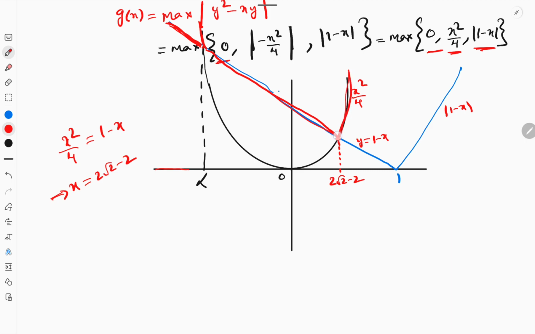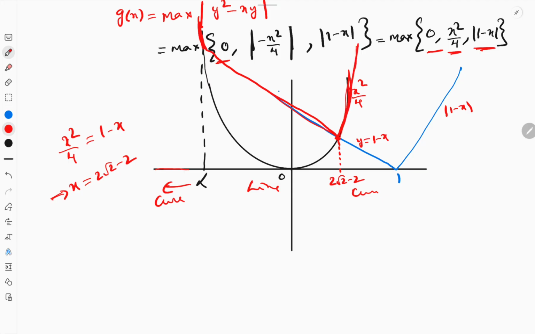Again after that, the curve is dominating. So it has three parts. First, less than alpha, it is the curve. Between alpha and this one, it is the line. Again beyond 2 root 2 minus 2, it is a curve, and it will keep on increasing.